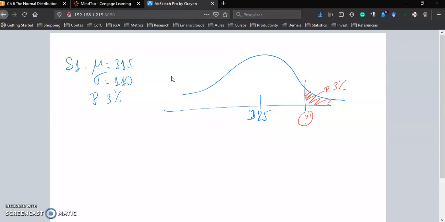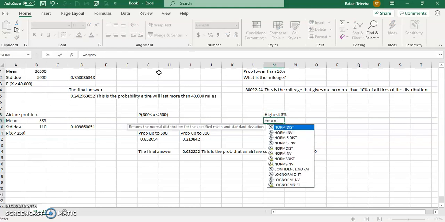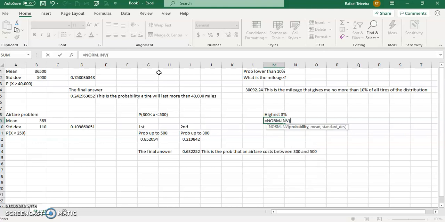Okay, so I go back to Excel, and now let's do the highest 3%. Let's use the same formula, equal NORM.INV. Now comes the tricky part. What is the probability that we have to enter here?